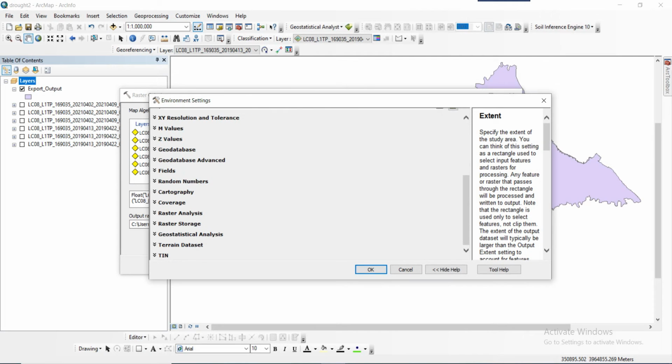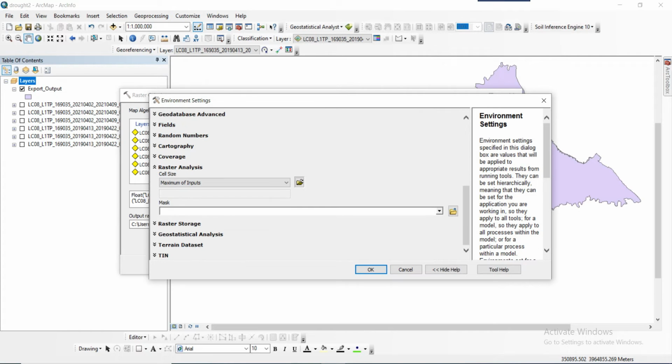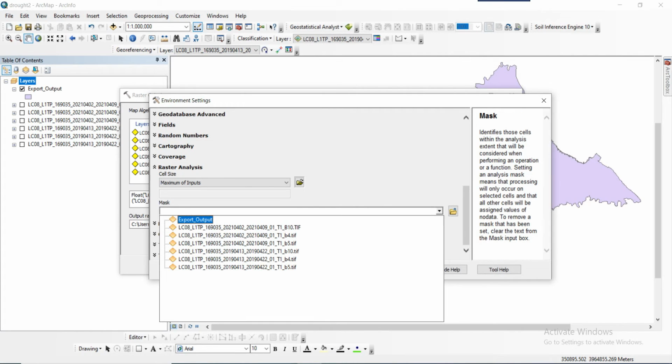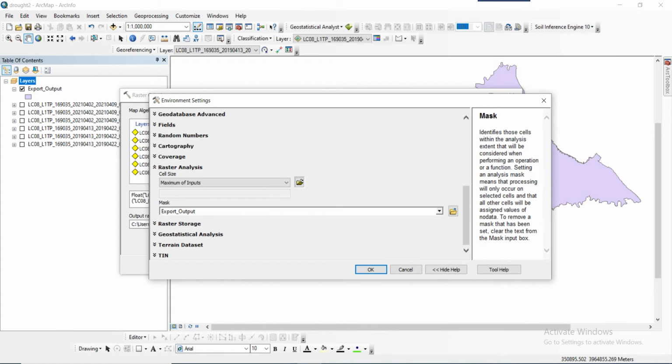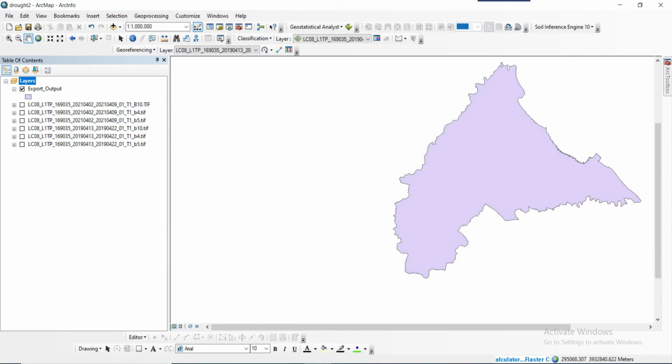Then we go to Raster Analysis, and in the Mask we choose the shapefile of our study area extent. We press OK and click OK.